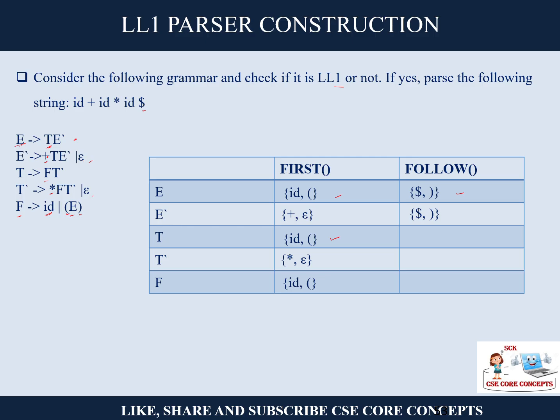Follow of T. T is followed by E prime, so the first of E prime will be in the follow of T. Who is the first of E prime? That is plus. But we are not going to consider the epsilon, so we are only adding plus. Now let's see where else T occurs. We have a T here again, which is again followed by E prime.